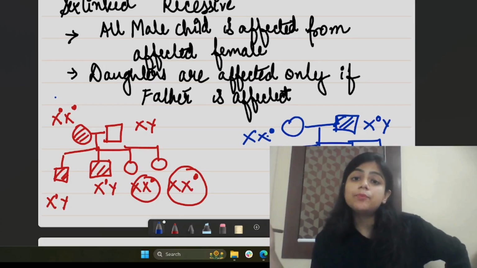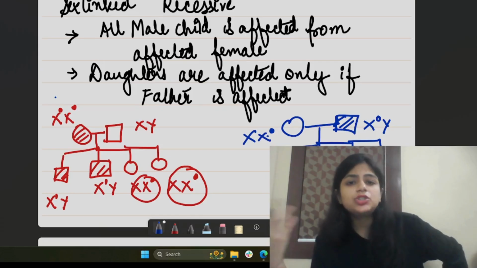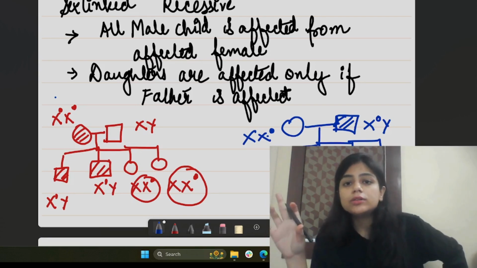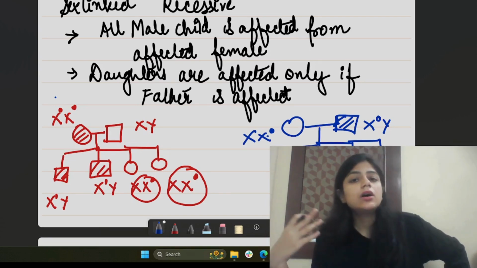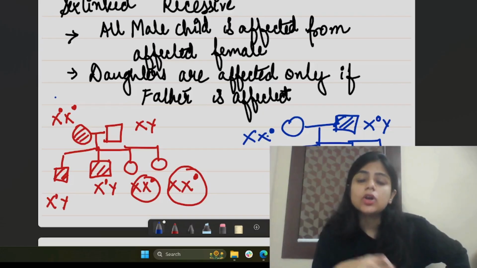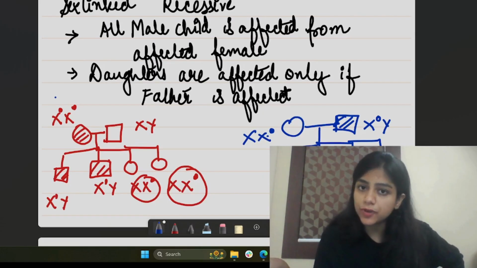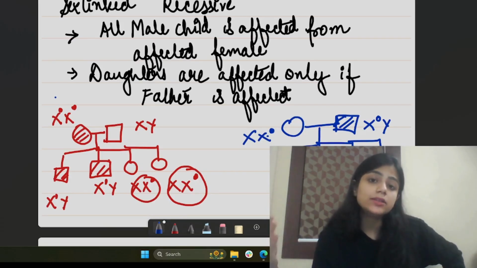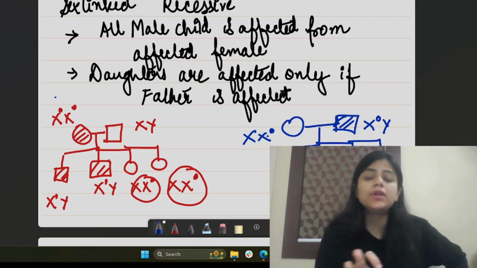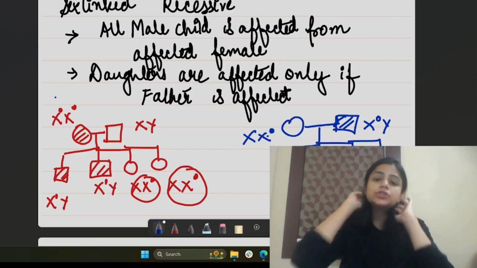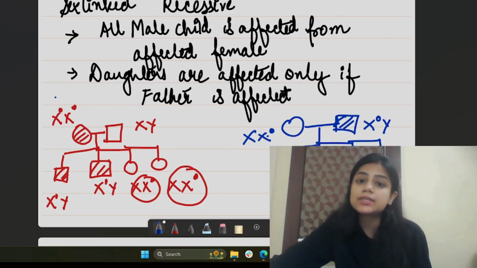However, the mother should be a carrier. For the daughter to be affected, the father has to be affected, and the mother can either be a carrier or be affected too. In recessive also, alternation of skipping of the generation is seen.